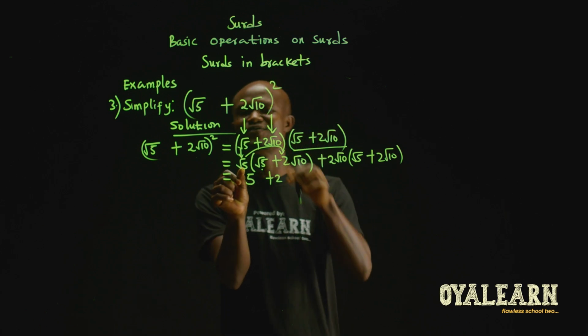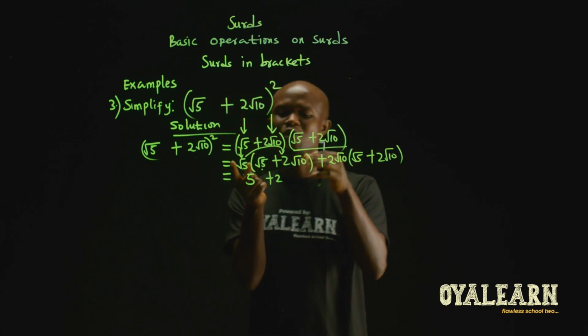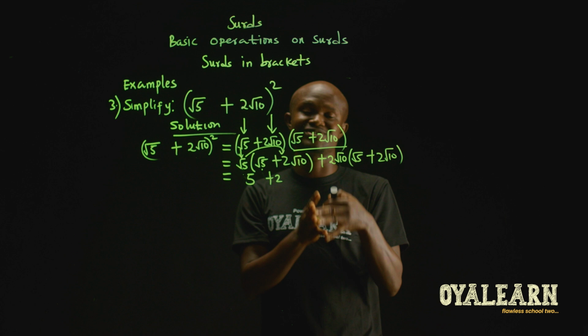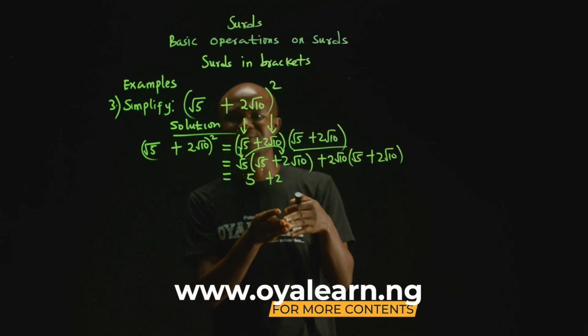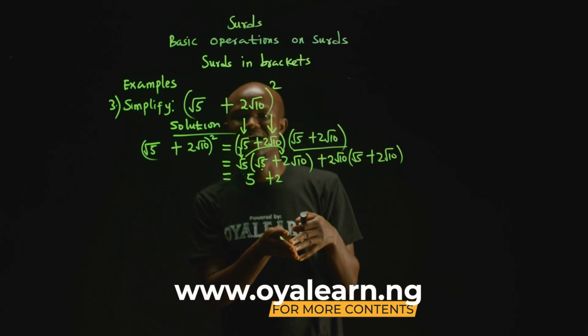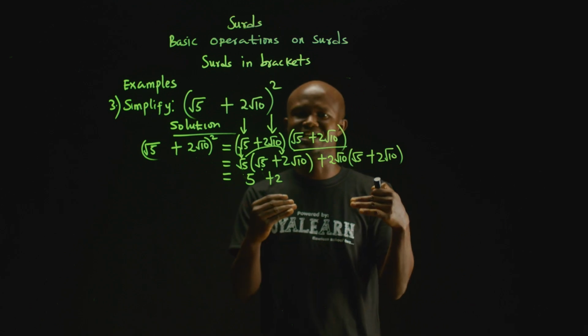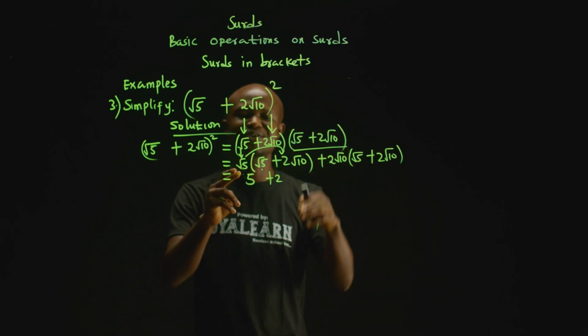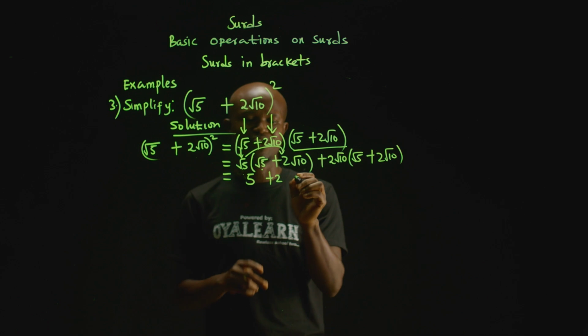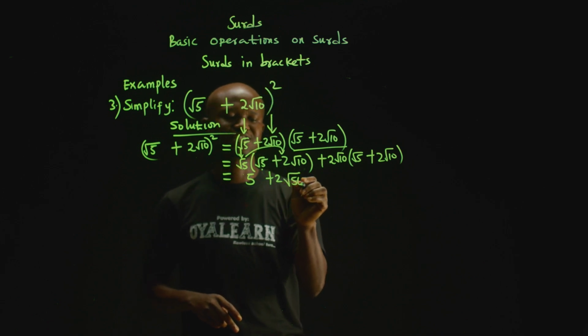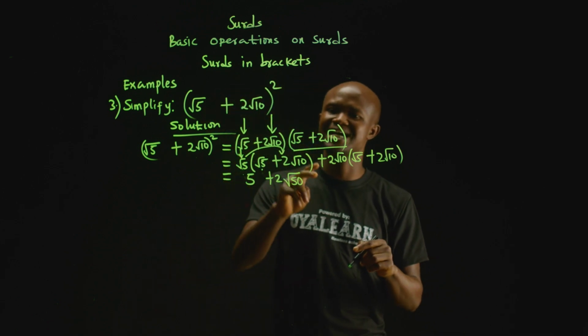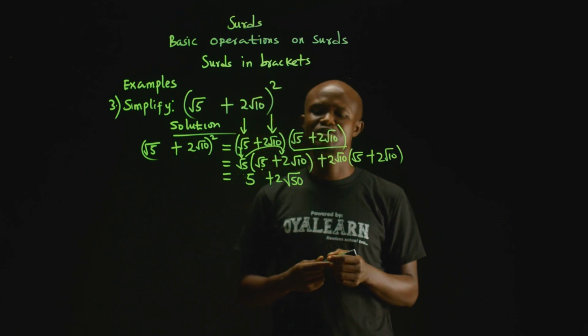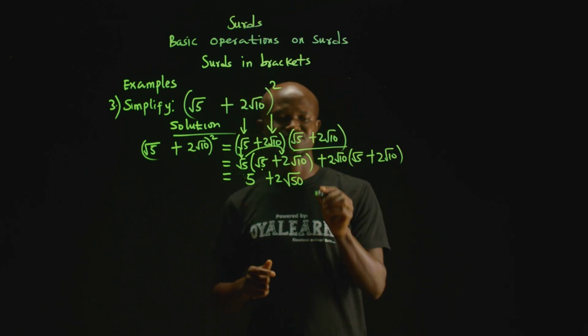Because what you have inside square root can only multiply also a number inside square root equivalently. Now root 5 times root 10 will give us root 50. Hence, root 5 times 2 root 10 will give us 2 root 50.